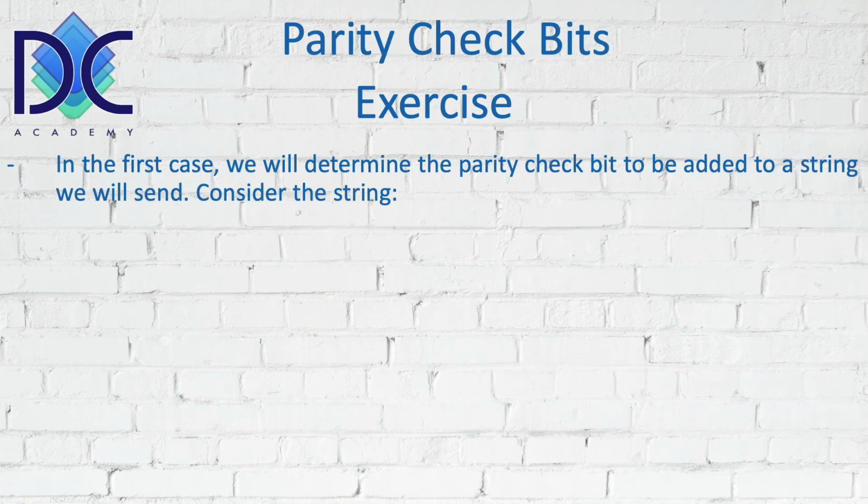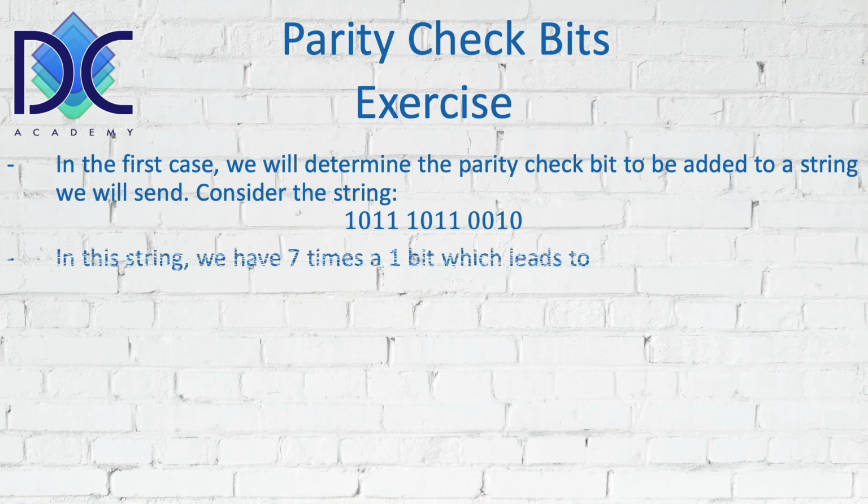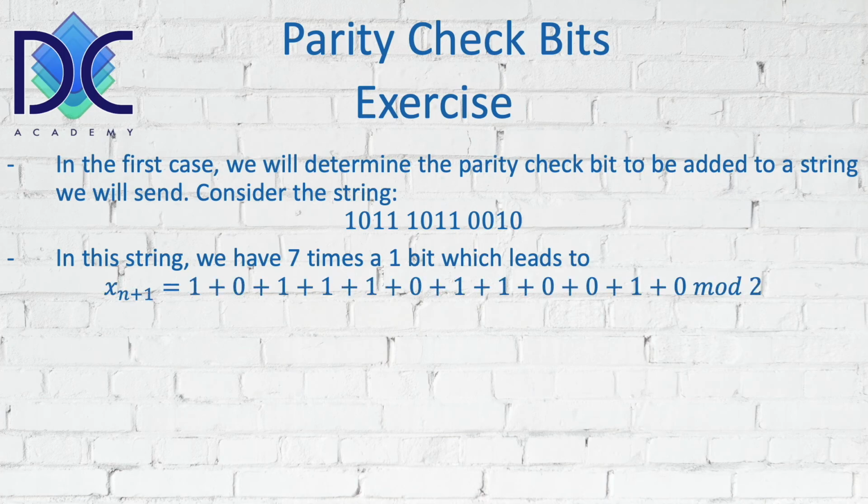Let's have an exercise. We have the different strings here. We have the string 1011 1011 0010, and we look at the string and we find seven 1 bits, and it leads to the addition 1 plus 0 plus 1 plus 1 plus 1 and so on, modulus 2.